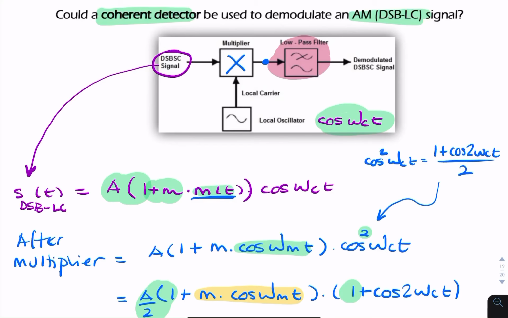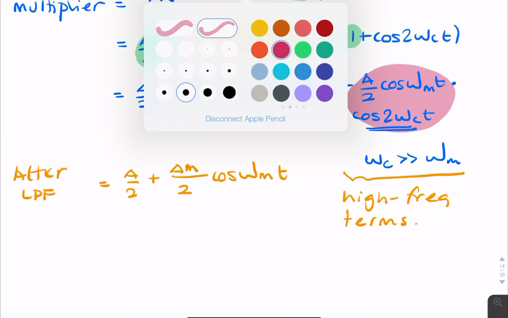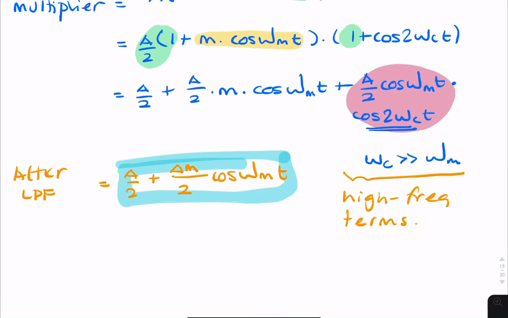So if you look at the signal here after the low-pass filter, your message looks like this. And there you can see there are two components. There's a DC component, and here we have our message.